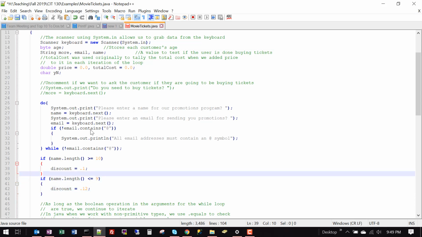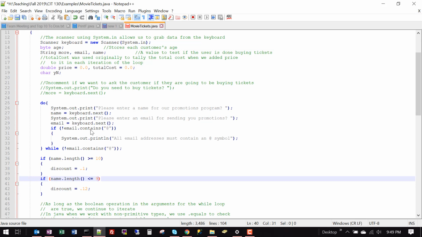Well, actually, let's say it's less than 9, and because I want to make this an interesting example, name.length is greater than 5. We'll do 12%.